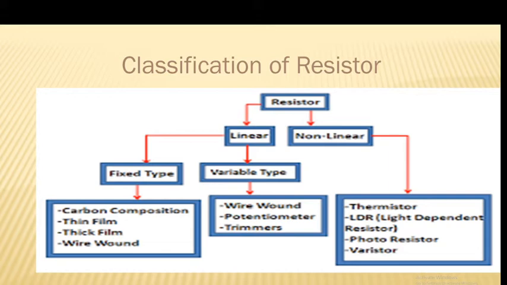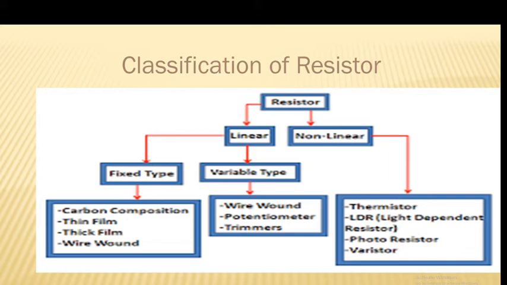Fixed resistor has two terminals and its value remains fixed. The fixed resistors are further classified into carbon composition resistor, thin film resistor, thick film resistor, wire wound resistor. Variable resistor has three terminals.